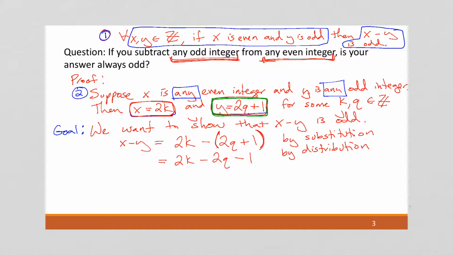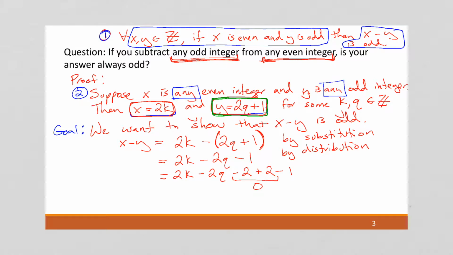Well, I can always add a 0 to an equation and it doesn't change it. Just like I can multiply something by 1 and it doesn't change it. I'm going to add 0, but I'm going to add 0 in a specific way. Let's say this is 2k minus 2q minus 2 plus 2 minus 1. So notice this is just 0.